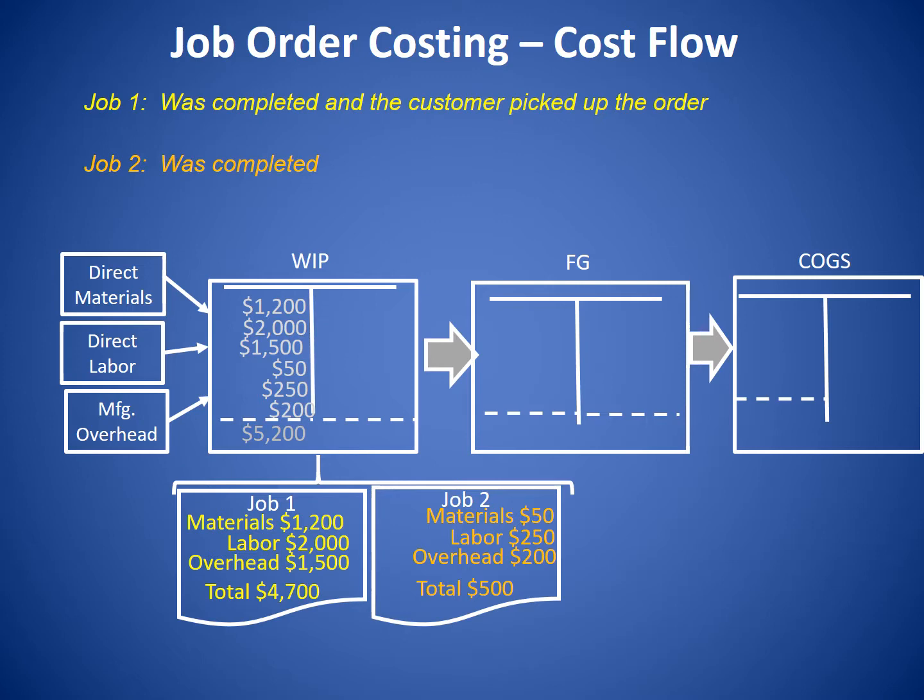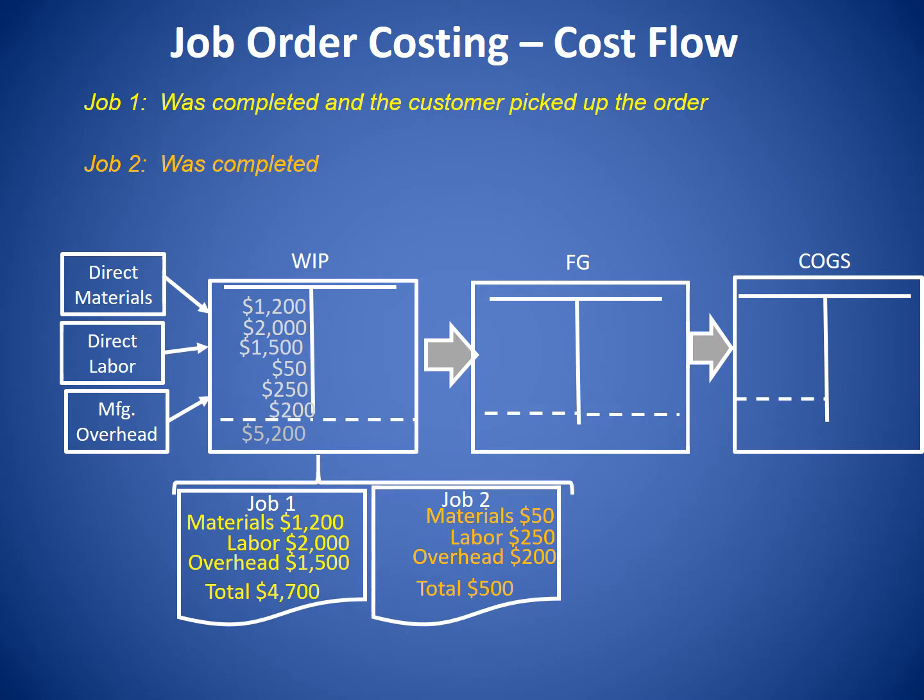So if job number 1 was completed, I have to move it from work in process to finished goods. And the question is, how much do I move? I have $5,200 in work in process. So how do I know how much to remove out of work in process to finished goods? Well, that's pretty easy because I have my job cost sheet and job 1 says the total is $4,700.